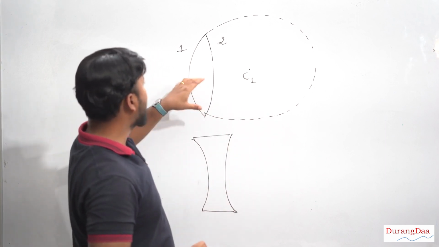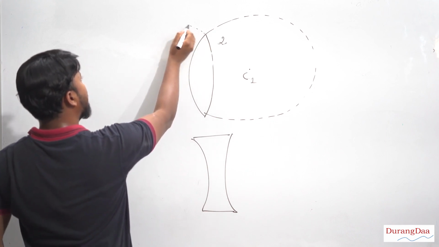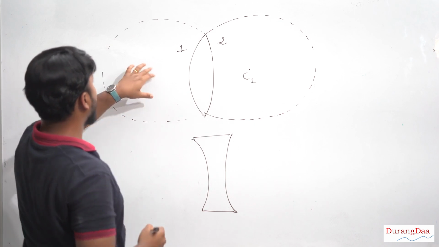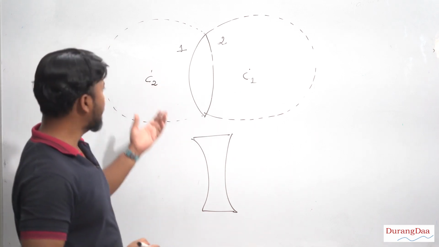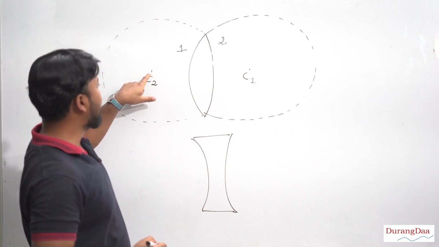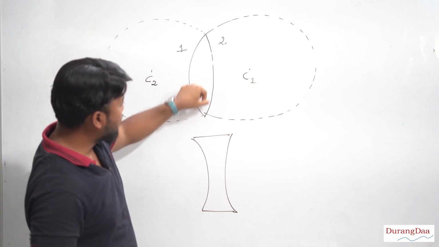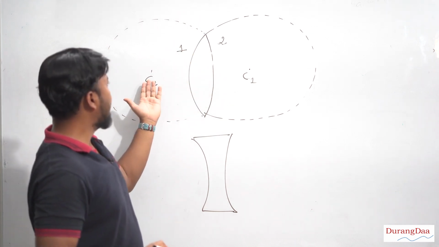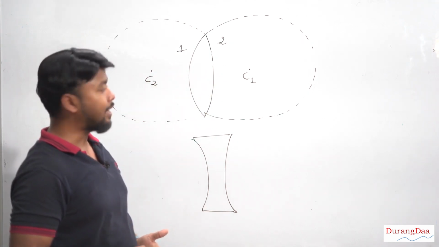Same way, if you want to define center of curvature for surface 2, just complete the sphere and mark its center, C2. Center of curvature is the center of the sphere of which the spherical side which is forming the lens is a part of. So we have got two centers of curvature for the respective sides.